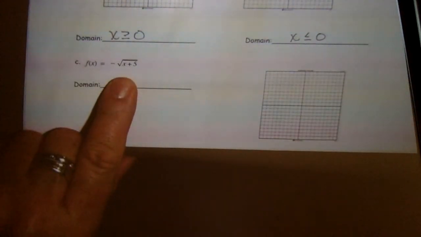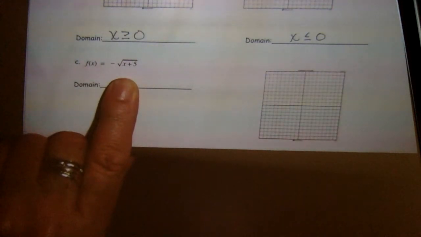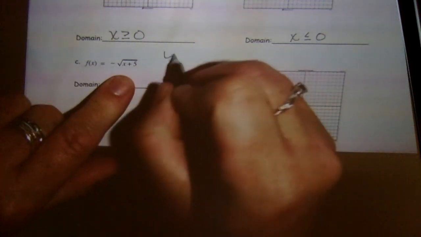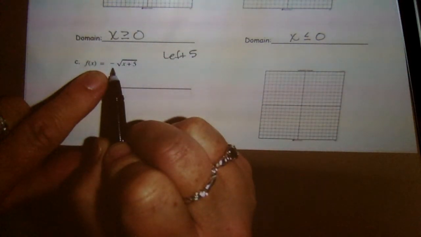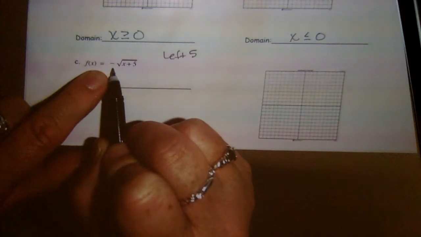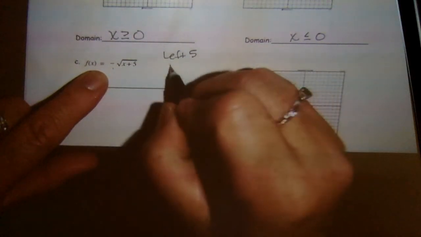Last one. What's going on here with this graph? What does the plus 5 do to the original function? It's left 5. What does this negative out in front do? It reflects over the x.